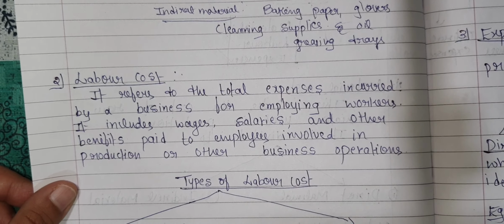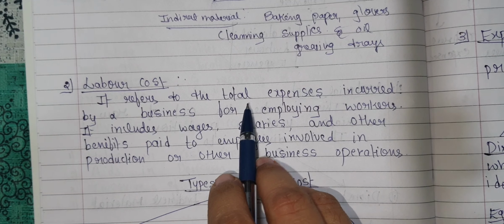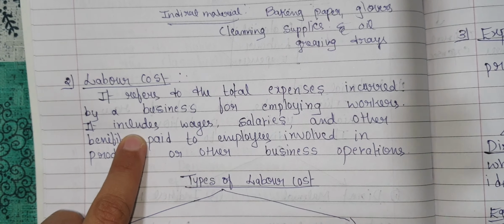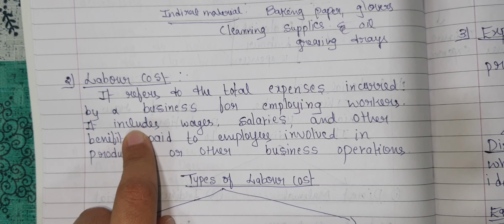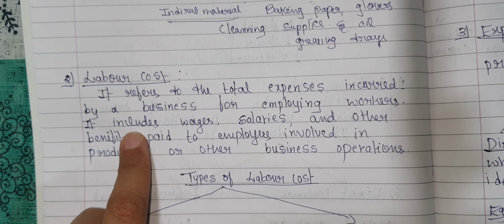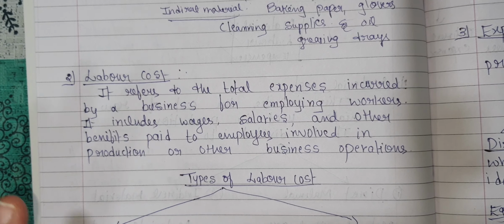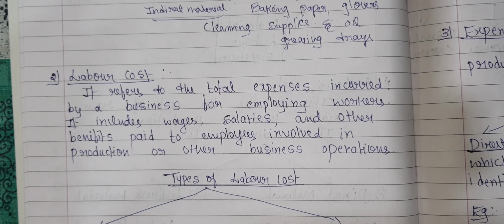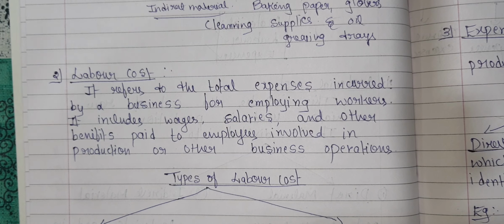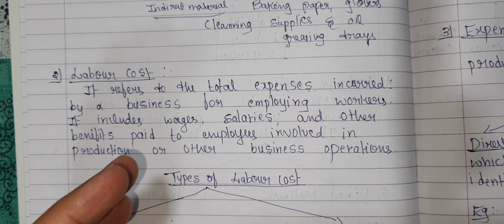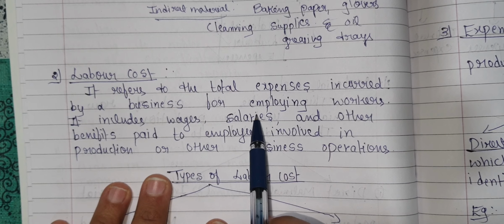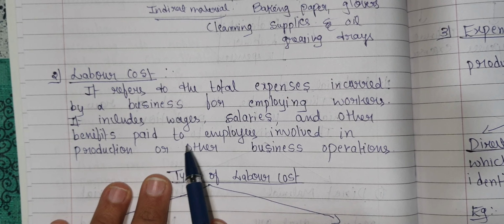It refers to the total expenses incurred by a business. Labor cost means the total expenditure incurred by a business for employing the workers. It includes wages, salaries and other benefits paid to employees.